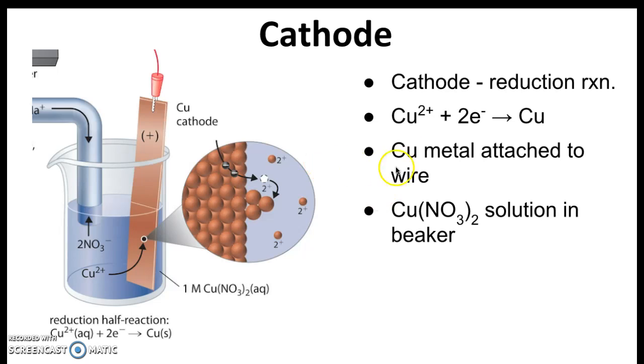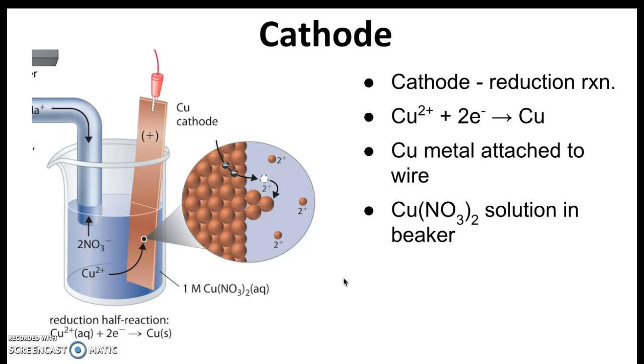On the flip side, at the cathode, what's happening is reduction. So anode is oxidation, cathode is reduction. If you take a close look at what's happening here, the copper ions, which are found in the beaker in a solution of copper nitrate, are combining with electrons, and that forms neutral copper, which will start to deposit onto the surface of the copper metal, or the copper electrode.